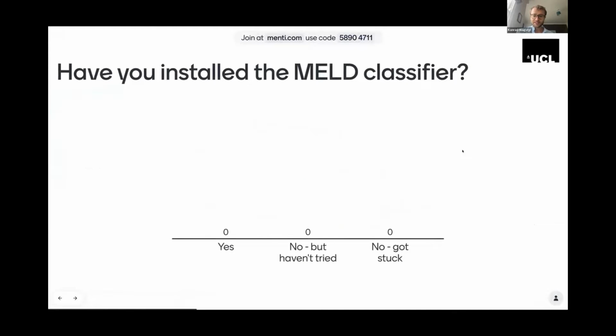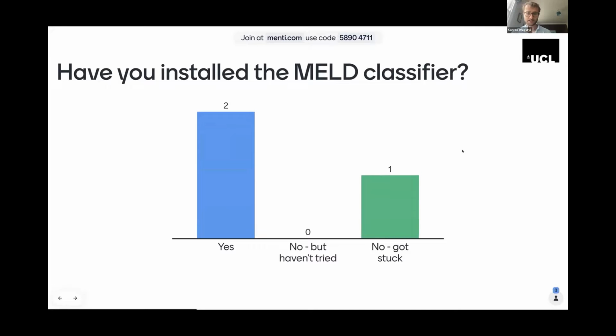So the next question is, have you managed to install the MELD classifier? Two yeses, that's great. So one person getting stuck, that is fantastic. So the biggest hurdle is definitely installing the classifier. Once you've got past that point, it is easier. So do stick with it if you have got stuck, but that's really good to know.